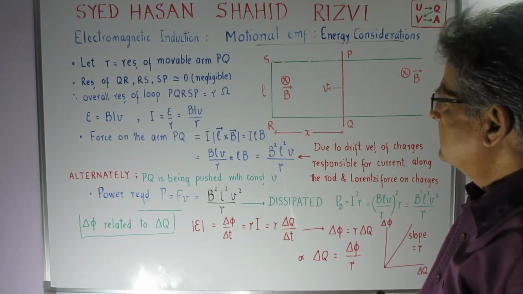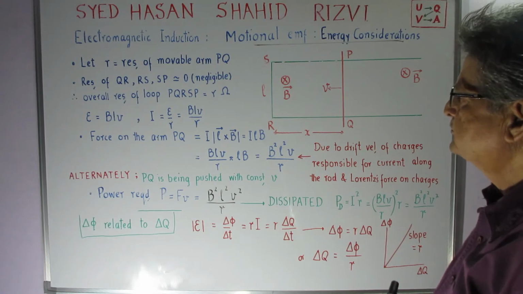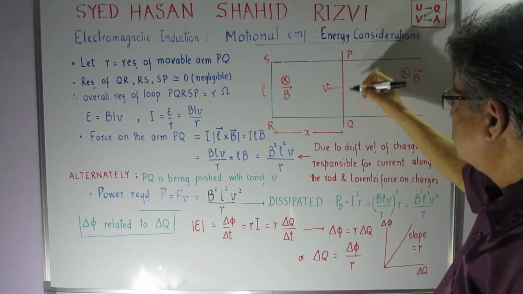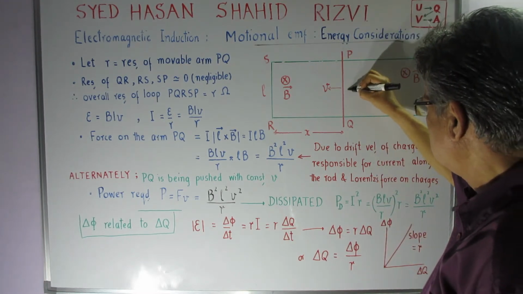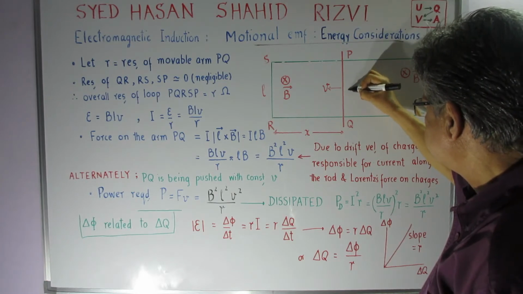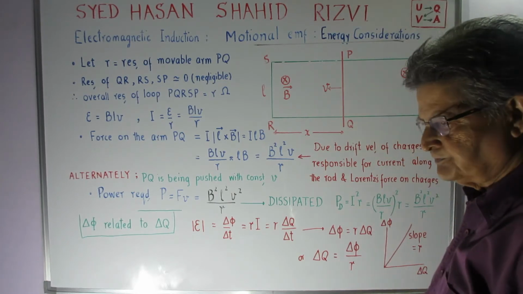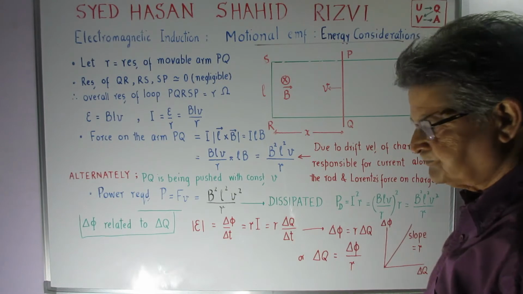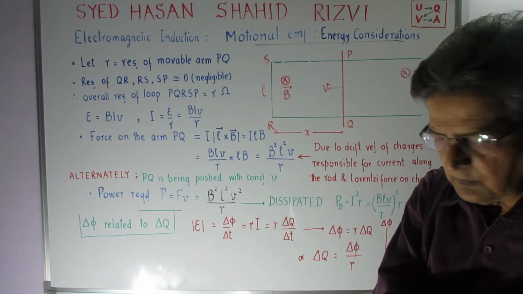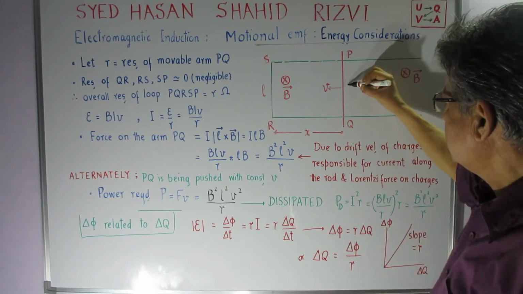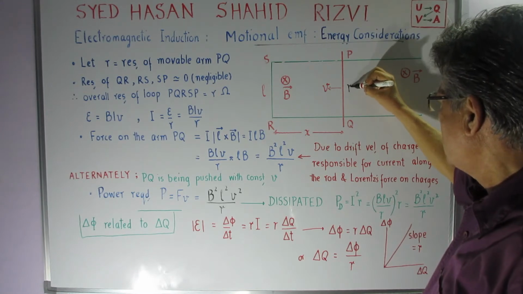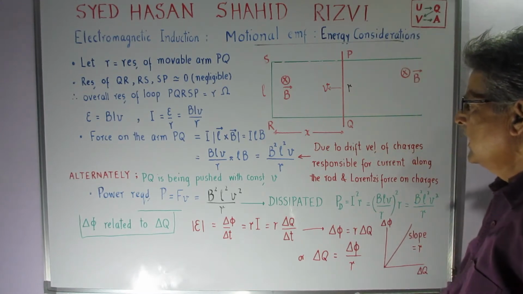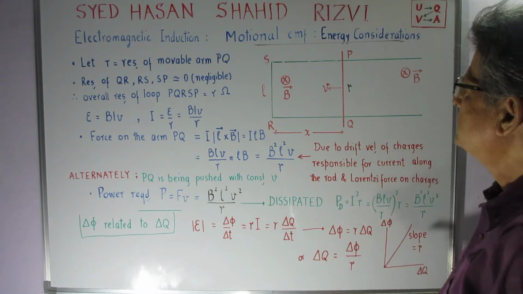Now we consider that between P and Q, this arm has a resistance small r, and this makes a loop.